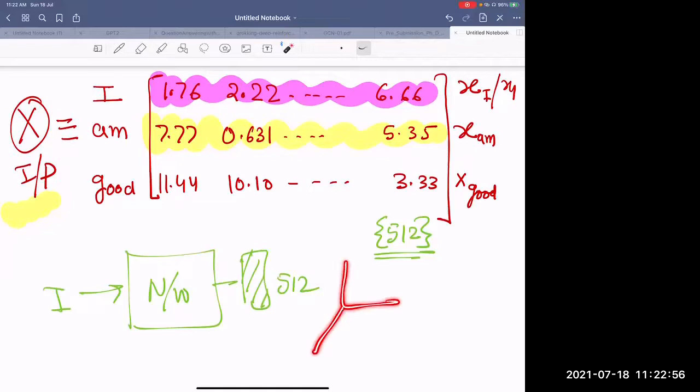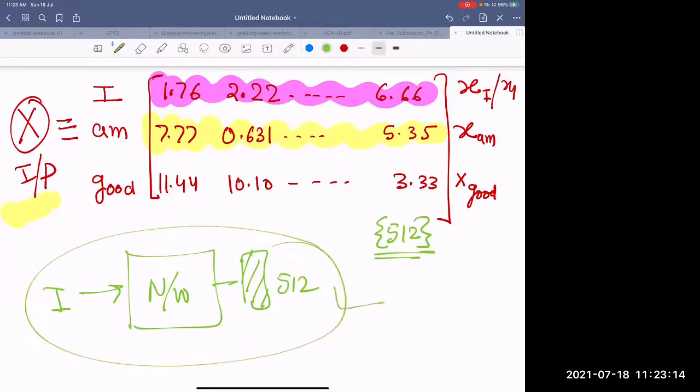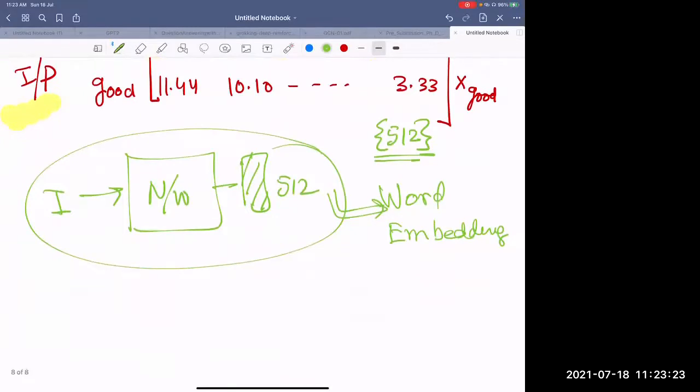Words which are related may be close, and words which are very far will be different, at some distance. This is word embedding, and it is something different. Word embedding just says, again I am writing word embedding, and one more concept: without context.